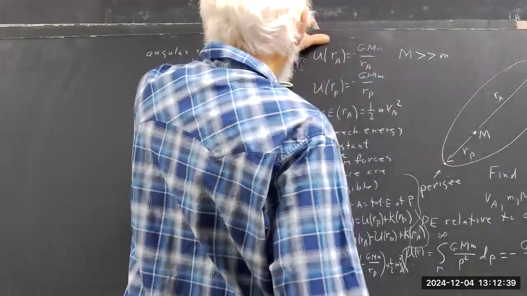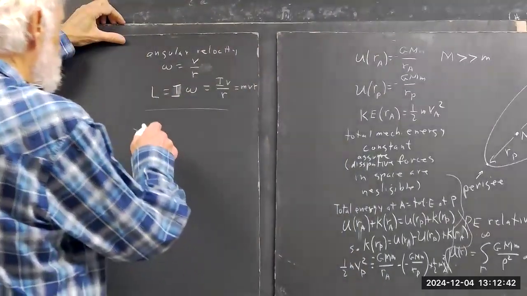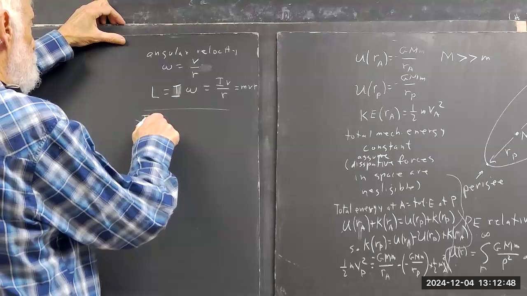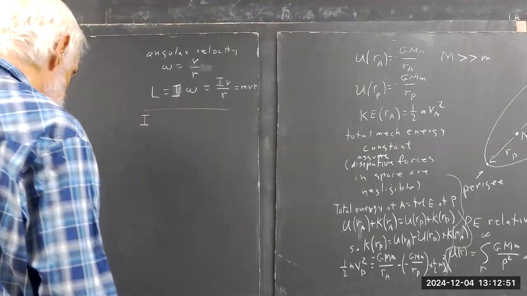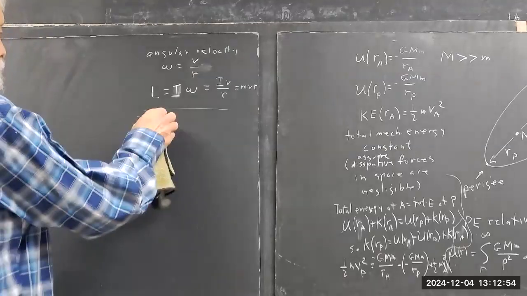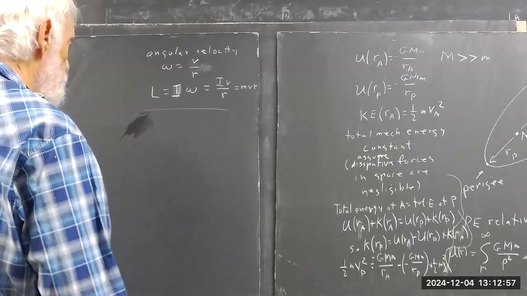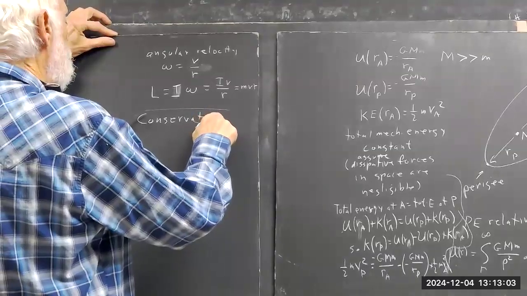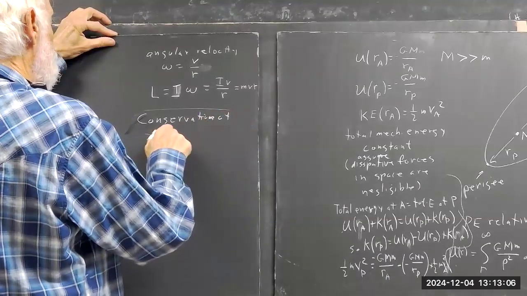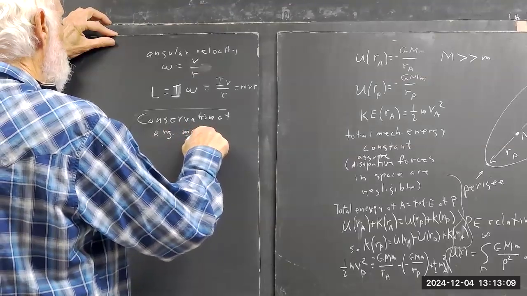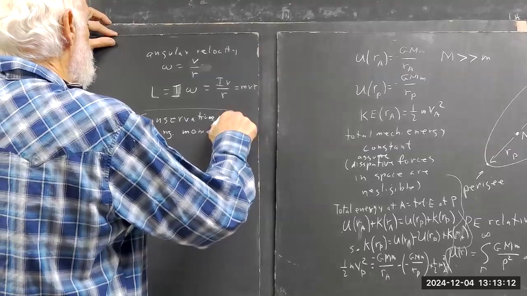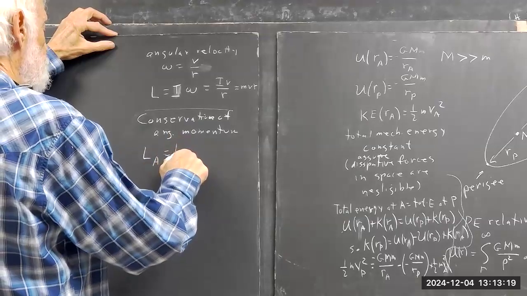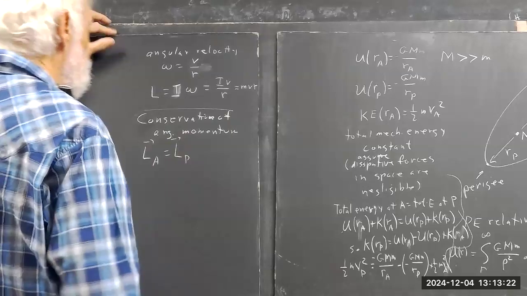So over here, we can say observation of angular momentum says that L_A equals L_T. Now these are vectors.